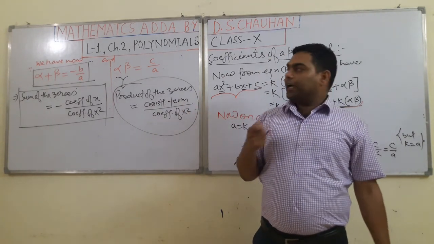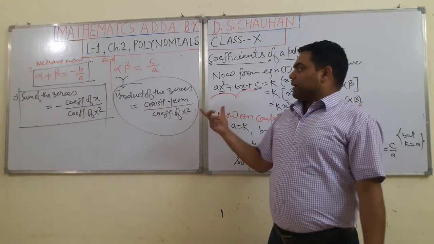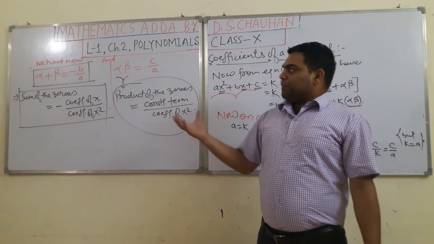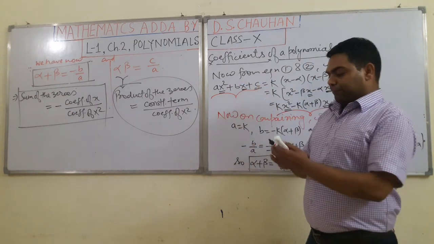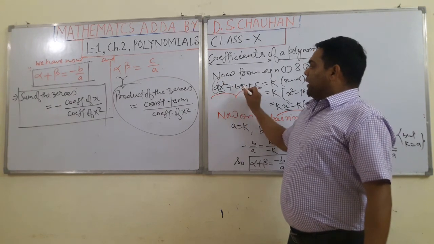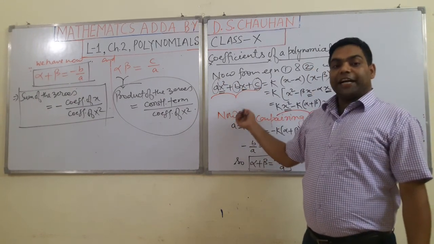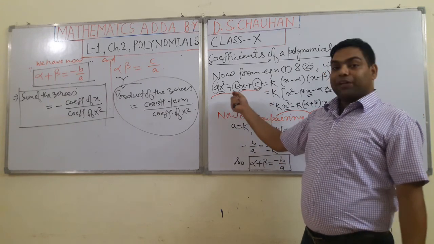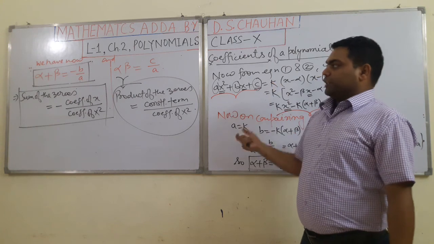What is alpha plus beta? It is the sum of the zeros. What is alpha beta? It is the product of the zeros. What are the meanings of a, b and c? A is the coefficient of x square. B is the coefficient of x. C is the constant term, independent from the variable. I hope all of you are perfectly satisfied.